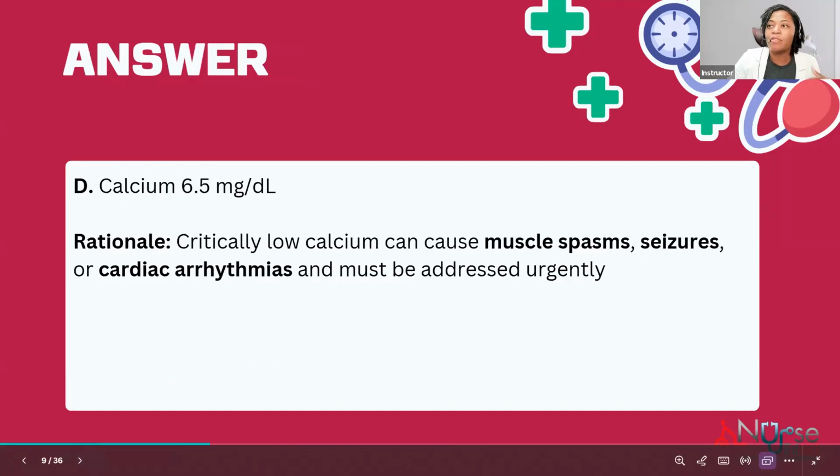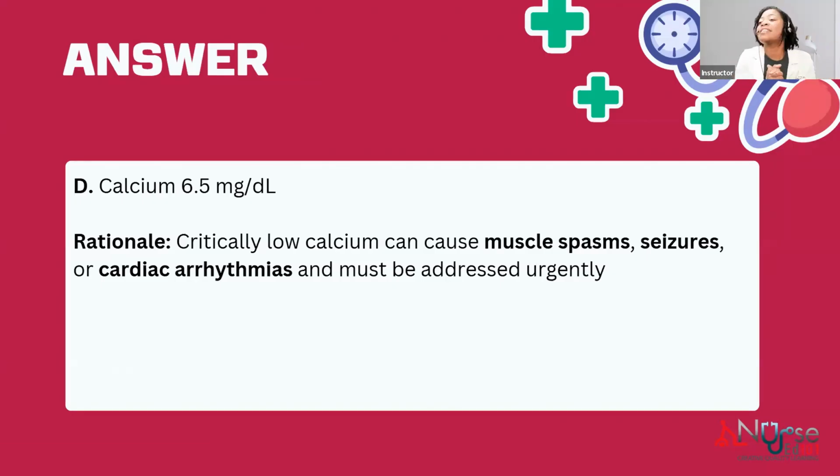The answer that we would report is this 6.5, and why? Beyond it being out of the norm, critically low calcium can cause a patient to have muscle spasms, but more importantly, affect the neural system with seizures and even the cardiovascular system with arrhythmias. So that must be addressed.